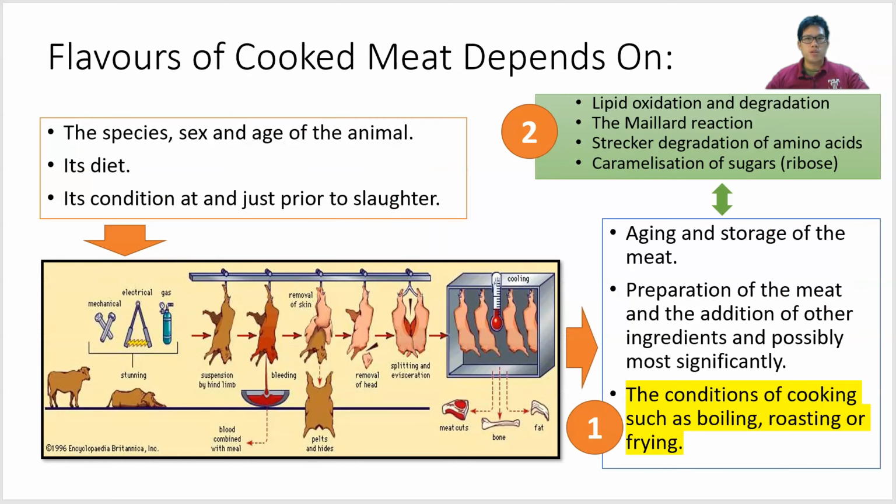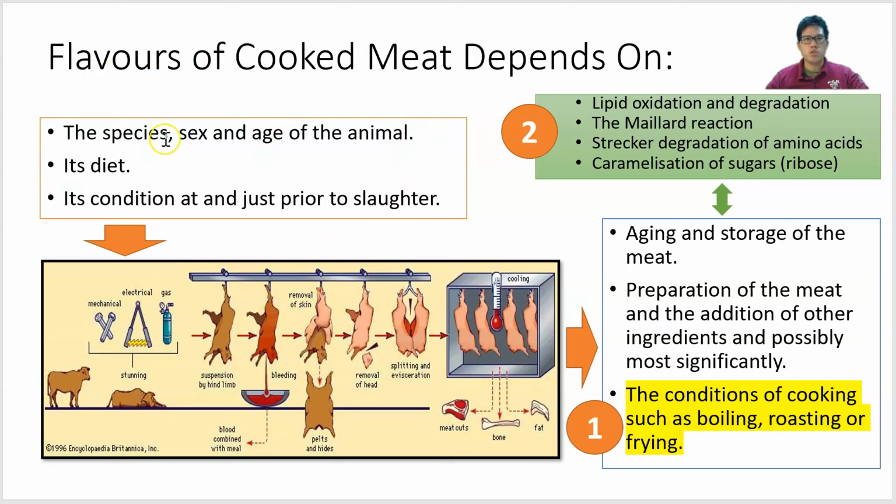Before we talk about the flavors in the cooked meat, of course, you need to look all the way to the first part here: before the animal has been slaughtered, conversion from muscle to meat, to cooking. These three parts all depend on this part as well.